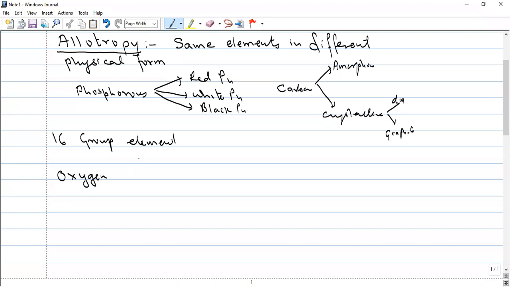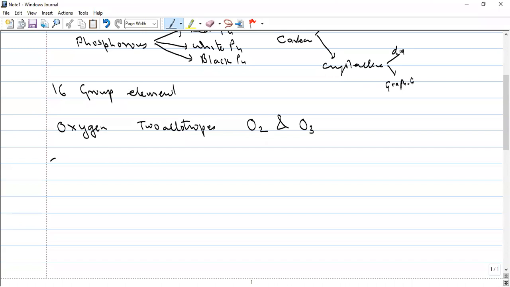Oxygen has two allotropes, oxygen and the second one is ozone. So oxygen has two allotropes, that means in different forms, oxygen and ozone.